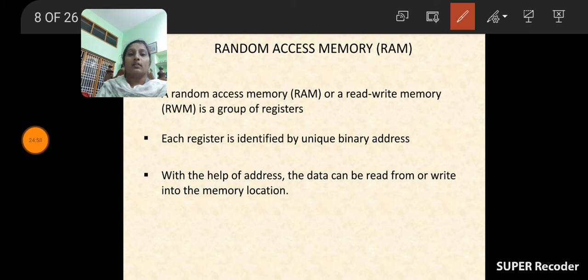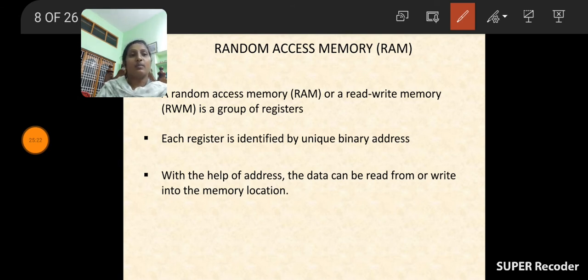And see here, with the help of these addresses, the data can be read from the memory location or written into the memory location. So what is the need of addressing the locations? Because it has so many locations, like one village having so many homes. To reach a particular home we need an address.